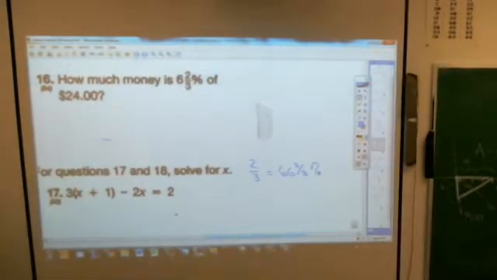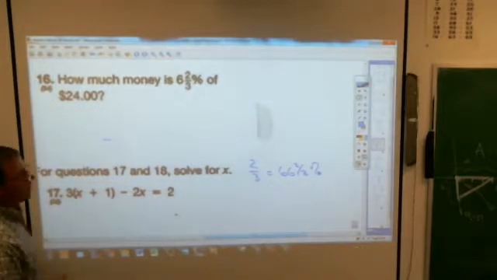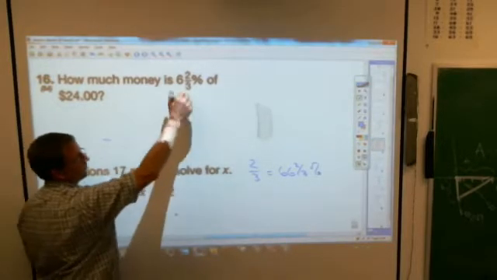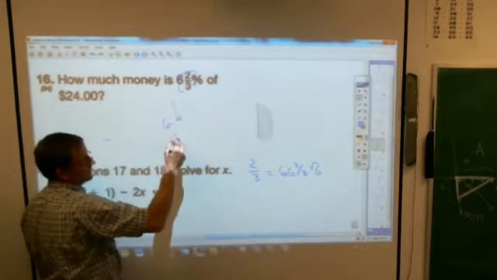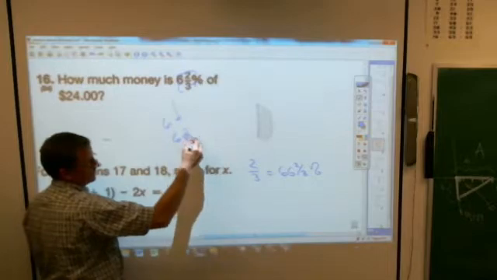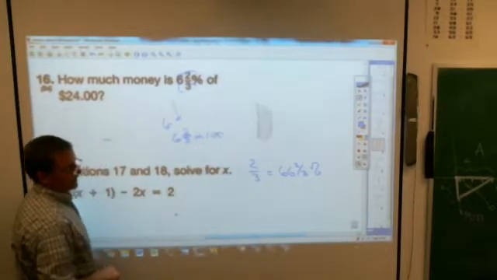I just did 20 over 3 times 24 over 1. Yeah, that's what I did. Well, one thing you can always do to see what fraction this actually is is take 6 2/3 times 100, and that'll tell you what fraction it is.